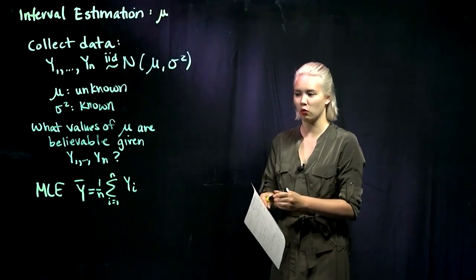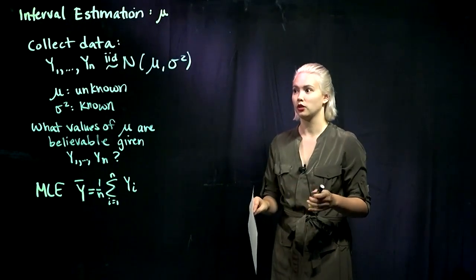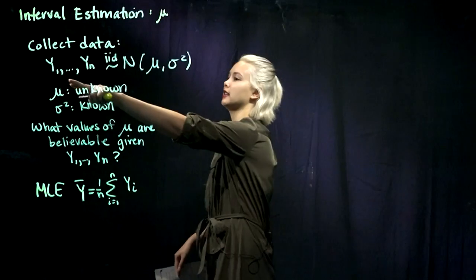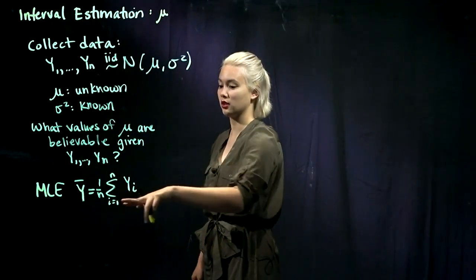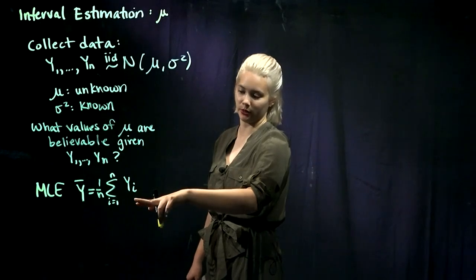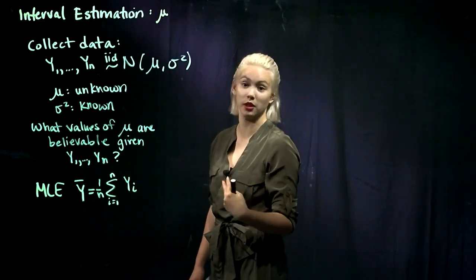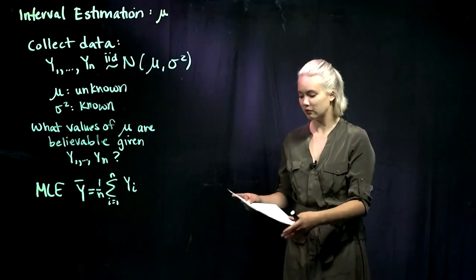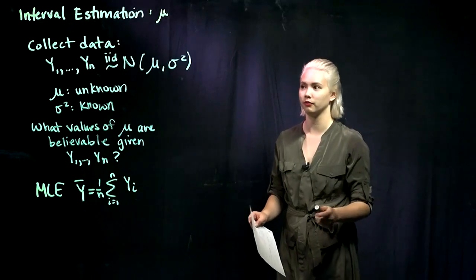So we need to think about what is the probabilistic behavior of this estimator. In other words, we know that these y's are random variables, they have a distribution, and since all the y's are random variables and have a distribution, that must mean that y bar is also a random variable, and it must also have a distribution. All right, so we need to think about the distribution of y bar.